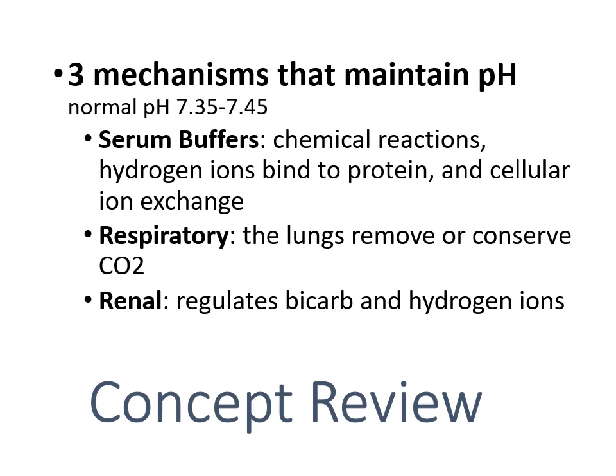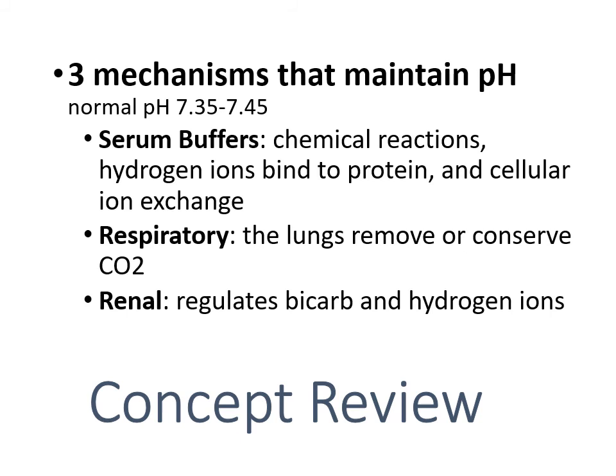So what does the body want to do with this low pH, or high hydrogen ions circulating in the bloodstream, causing acidosis? Well, it's going to do everything it can to get to 7.35 to 7.45. Not that it's always able to, but it's going to start these 3 systems so that they can maintain normal pH.